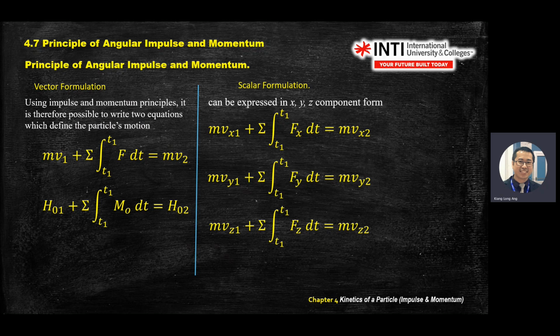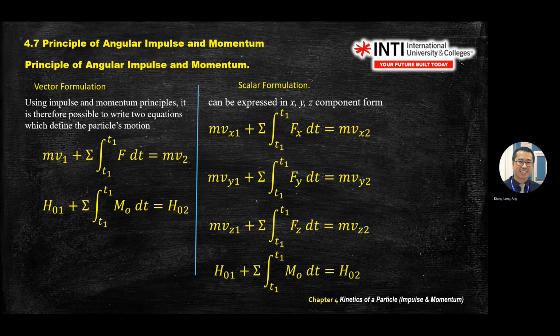It is one set, angular impulse and angular momentum. So you can split into x, y, z, as you can see on the slide here. Here you have the first one, the mv1 you can split, and then H1 you have one set. So in total, you can split into 4 equations.